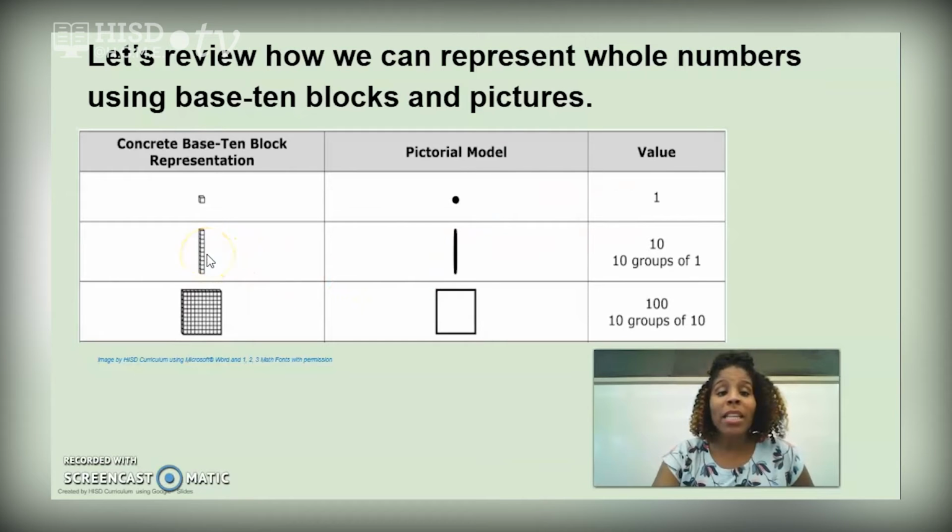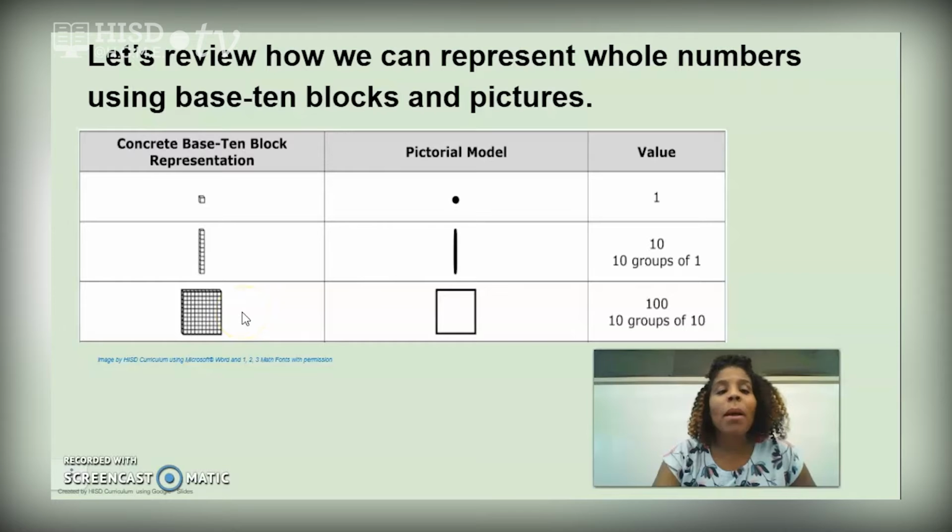Our concrete base 10 block representation of 10 is a rod. When we draw it out pictorially, we're going to draw one tally mark, which is a representation of 10. The value is 10. We have 10 groups of 1.